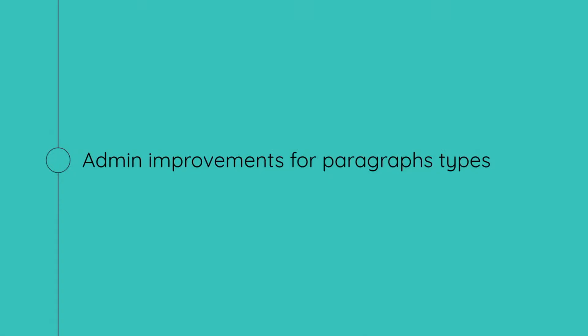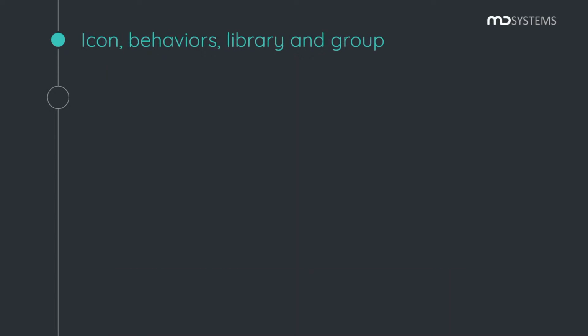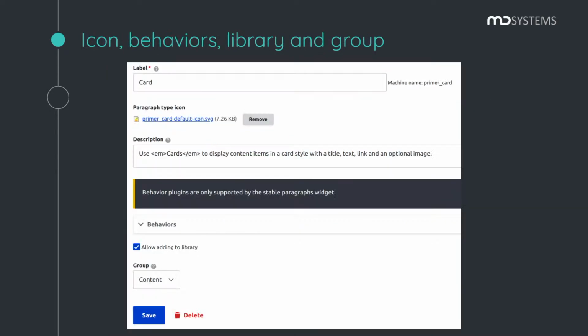So admin improvements for paragraph types. This is like kind of improved paragraph types management page. You see there is an icon, the label, machine name, and description that's before, but we now have icon support. When you edit some paragraph type, for example, the card here, you see, we have an icon.